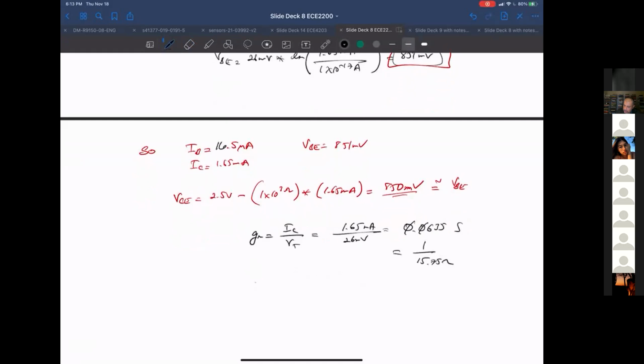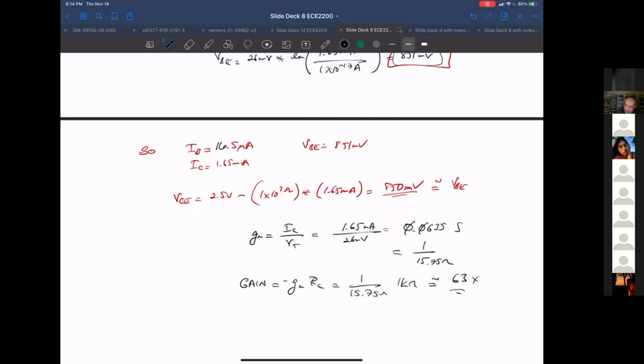So our small signal gain is minus G sub M times R sub C. So that's 1 over 15.75 ohms times 1 kilo ohm. So that's roughly a gain of 63 times.